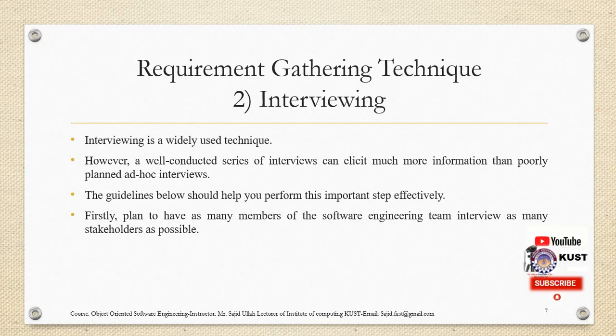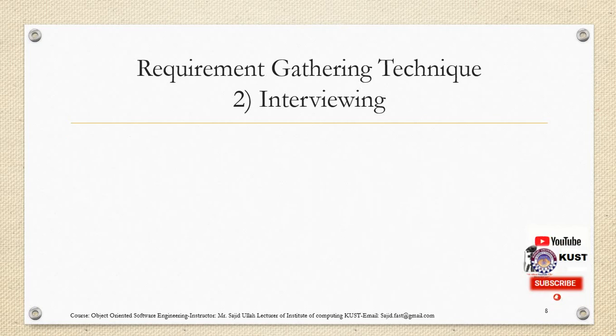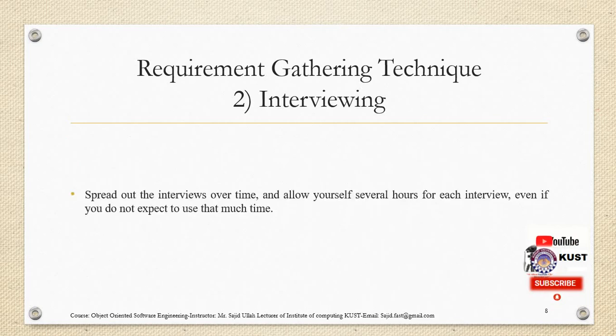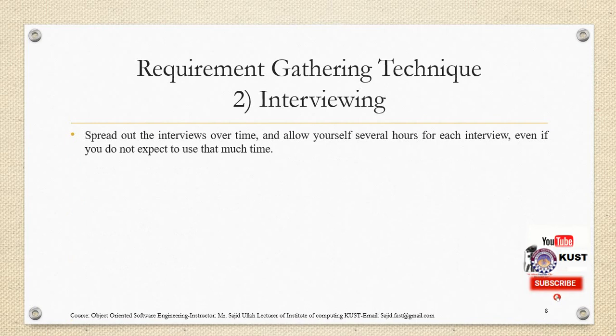First, plan to have as many members of the software engineering team interview as many stakeholders as possible. Consider going beyond the stakeholders, talking to users of competing products, marketing personnel, and people involved with other systems that may interact with your system in any way.